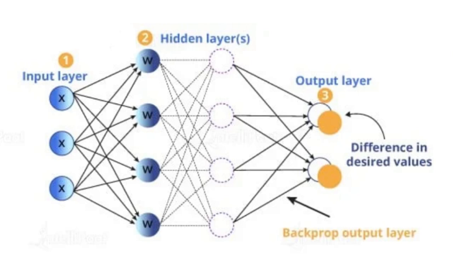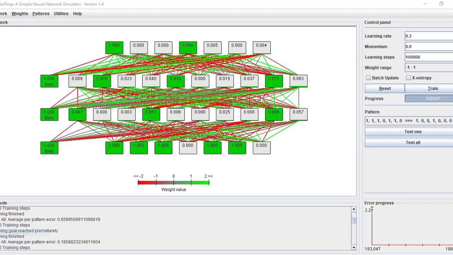The error between the intended output and the anticipated output is then sent backward through the network using backpropagation, and the weights are modified using gradient descent to reduce the error. These are the two artificial neural network models I want to discuss in this video.